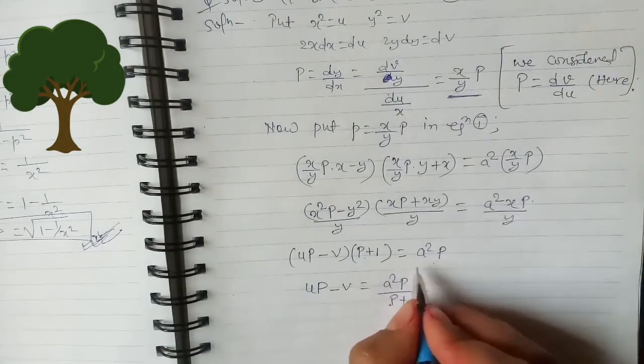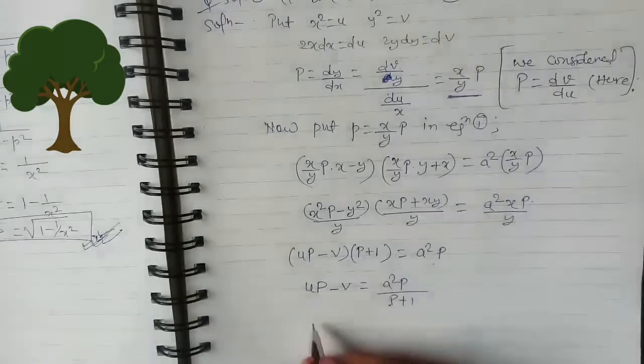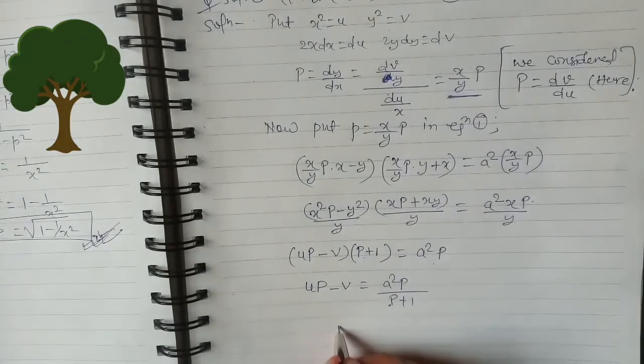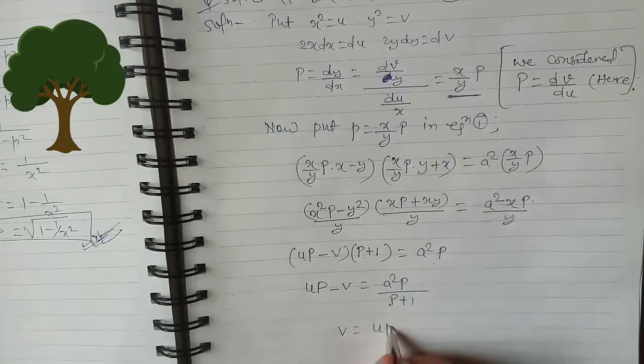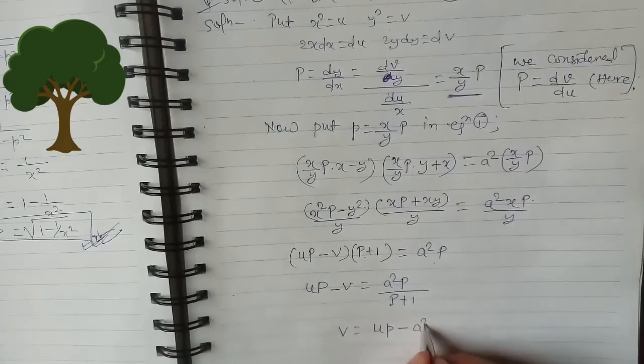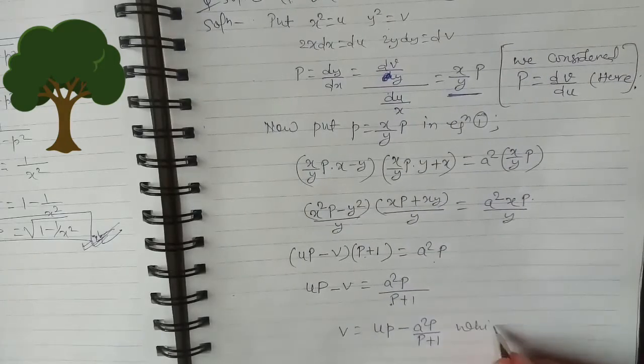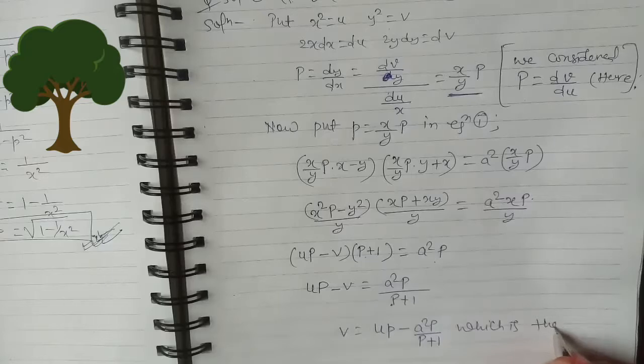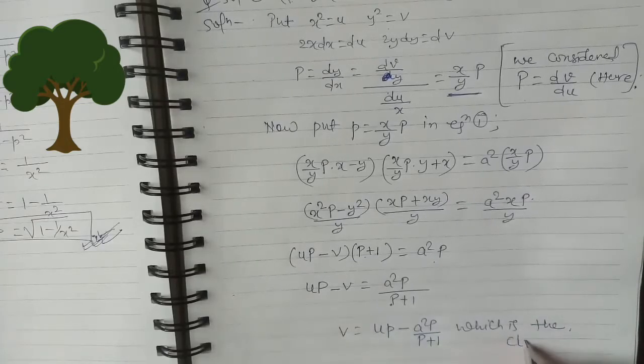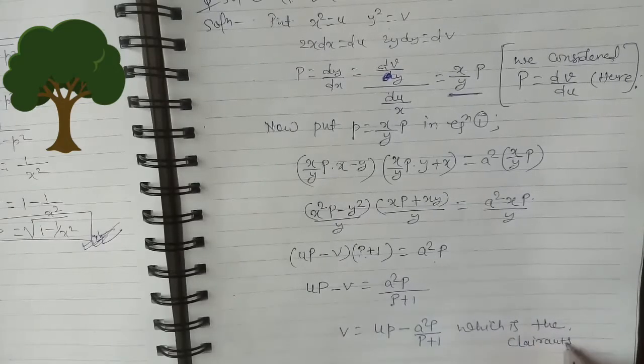We took it this side in division. So from here we can write v is equal to uP minus a square P upon P plus 1, which is the Clairaut's form.